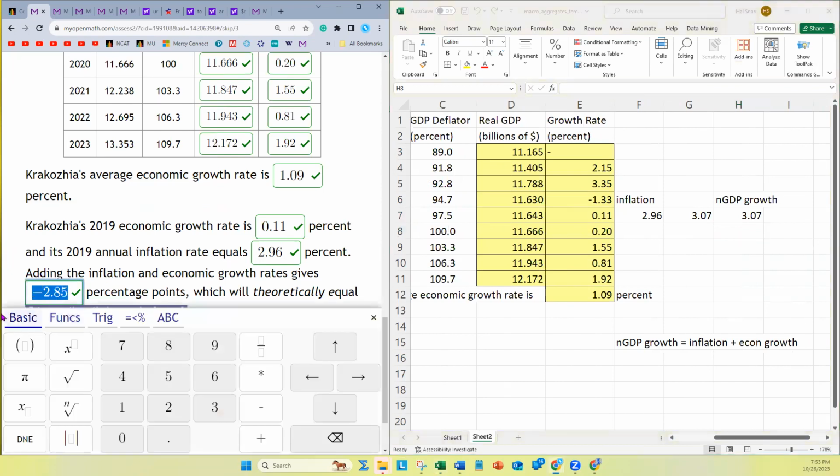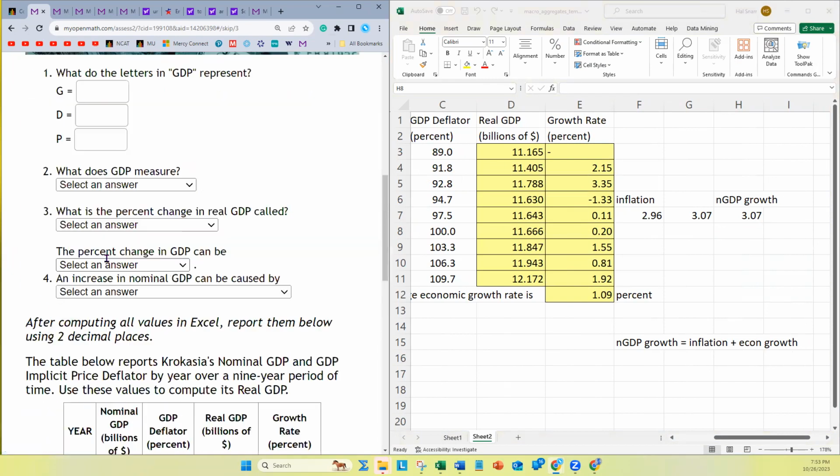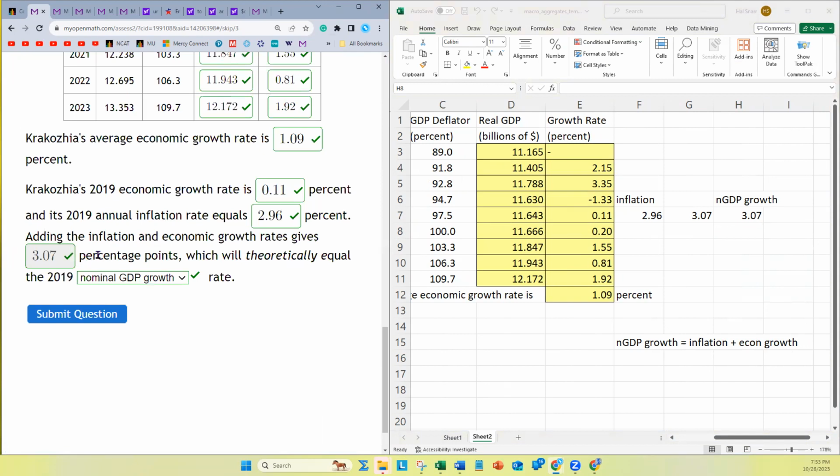This should be 3.07%. I'm going to re-enter it, 3.07%. Okay, there he goes. All right, cool.